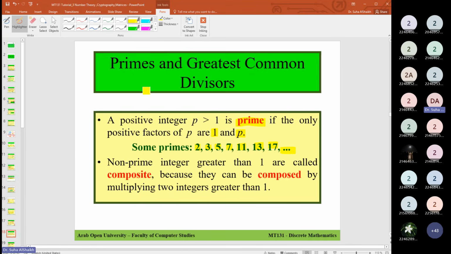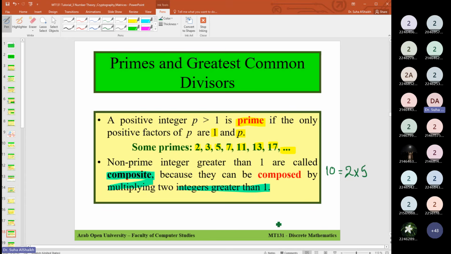A number that is not a prime, we call it composite. Composite means it can be factored. If the number is not a prime, it is composite then. What does composite mean? It means it can be composed into a multiplication of two integers that are greater than 1. So for example, the number 10 is composite because it's a multiplication of 2 and 5.